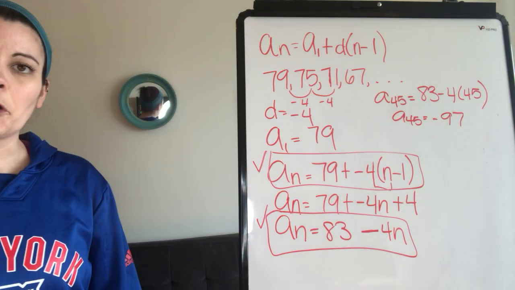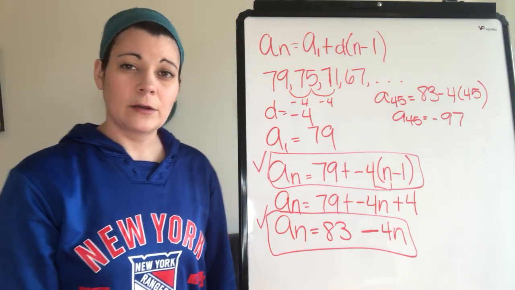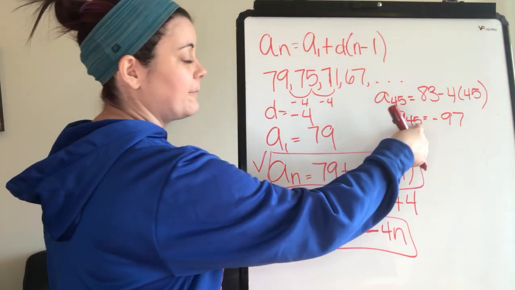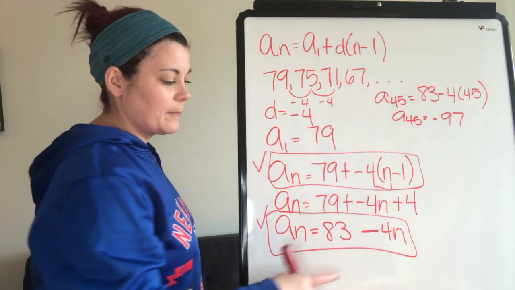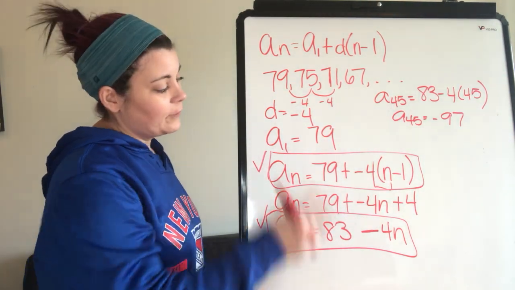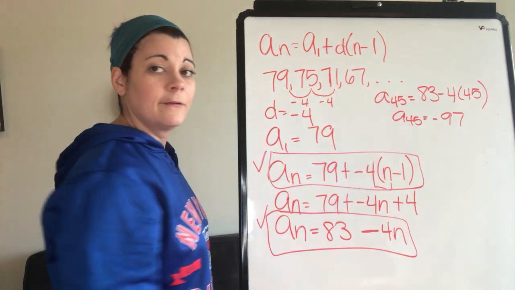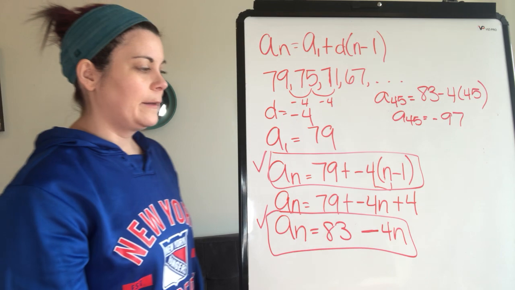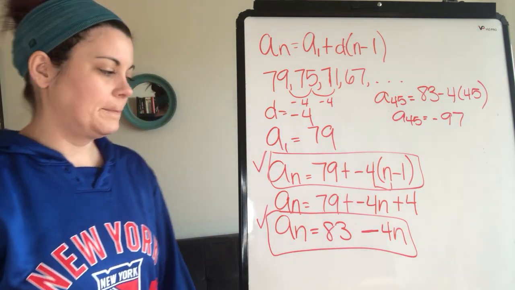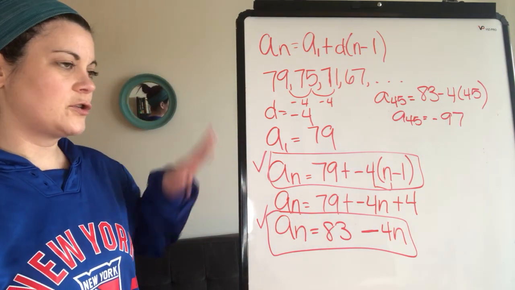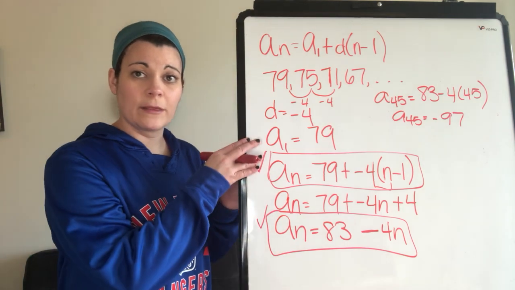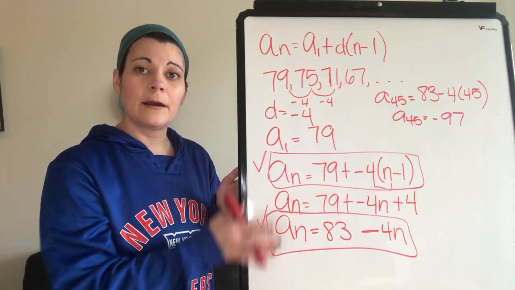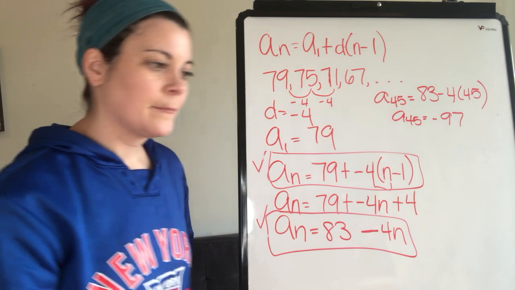So the 45th term is negative 97. All I did was take 45 and plug it into my formula. If you plugged 45 into the other formula, you would get the same thing. You can use either equation depending on what your teacher wants. If she wants the simplified version, then use that one.